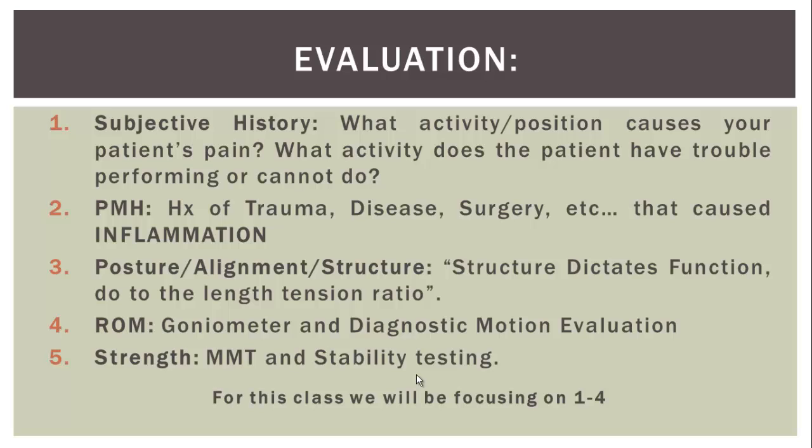And lastly, we'll look at strength via manual muscle testing and stability testing, which can also tell us quite a bit about what's going on in a person's body. And for this class, we're going to be focusing on 1 through 4 primarily.